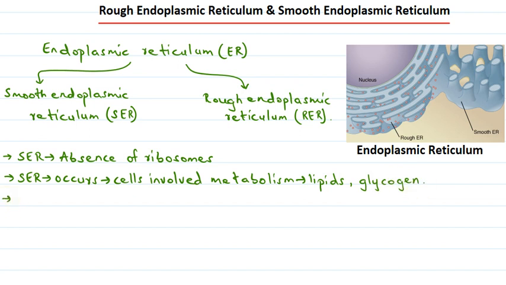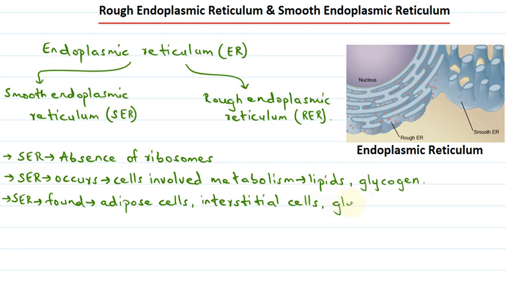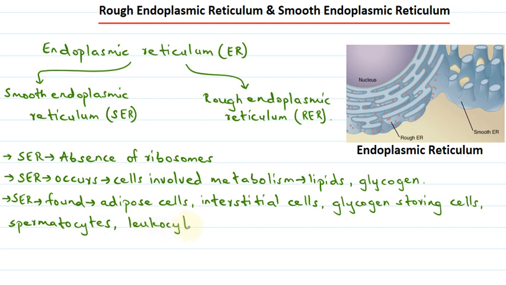Okay, then this SER is found in adipose cells, interstitial cells, glycogen storing cells, then in spermatocytes, and it can also be found in leukocytes.